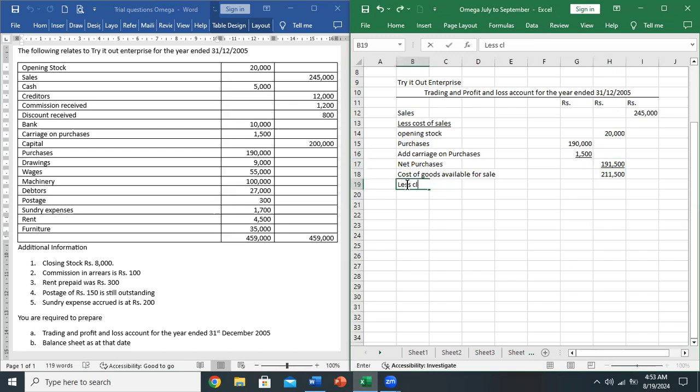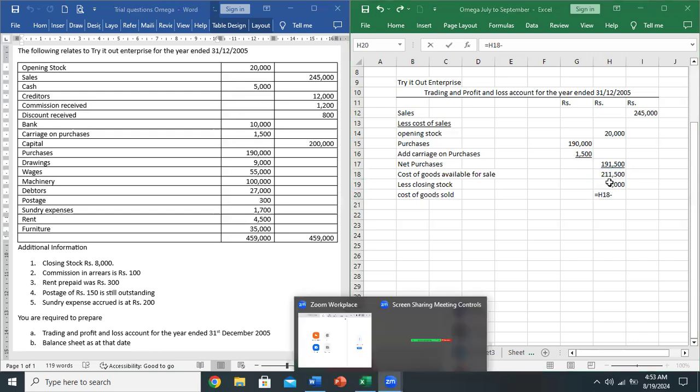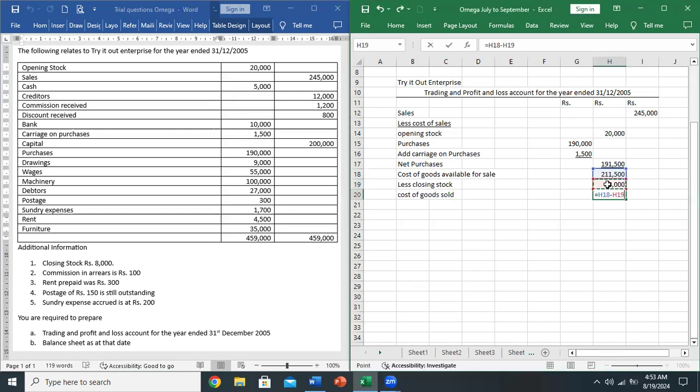Exactly, we less the closing stock, which is 8,000. Okay, and that'll give us our cost of goods sold. So we have cost of goods sold of 303,500. What do we do next, my able Professor Alessia?